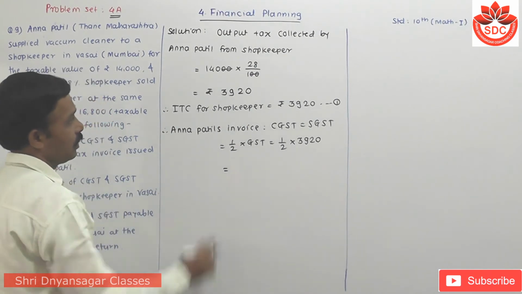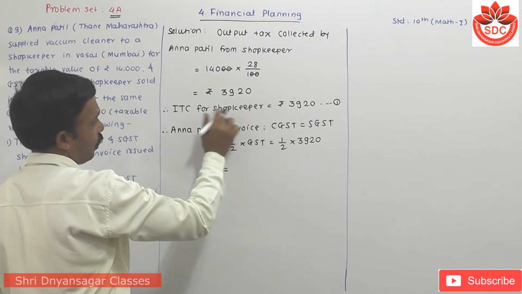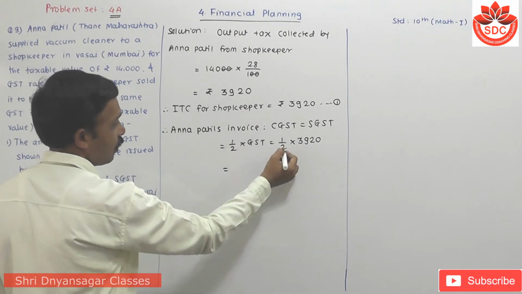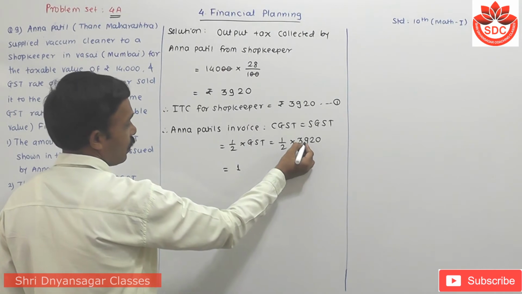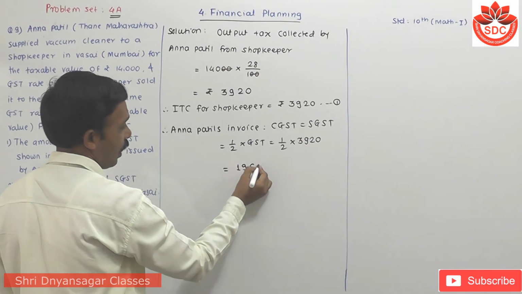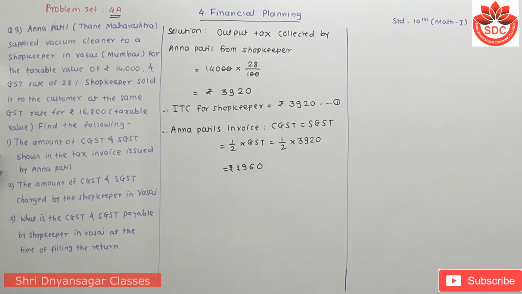This is the GST paid by this Anna Patil, means that for this shopkeeper this is ITC. Now we have to take half of this money, means that simplify by using 2. 2 1s are 2, 2 9s are 18, 1 carry, 2 6s are 12 and 0. Means that rupees how much? 1,960 is the answer of the first question. Look carefully, this is the answer of the first question. You have to write it in a full sentence.